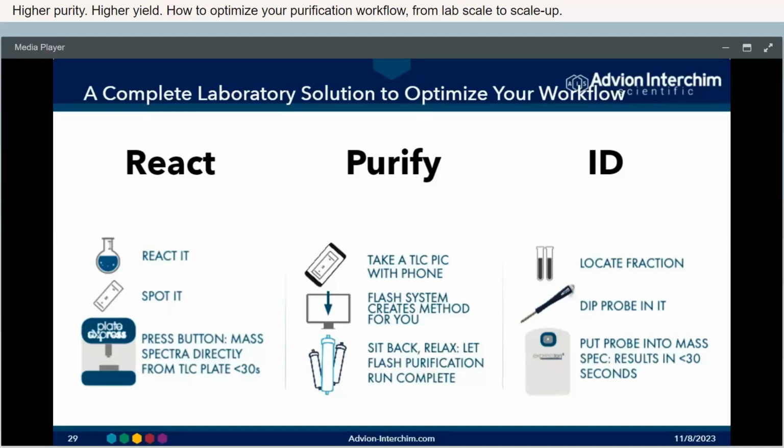Then purify using the XS520 and our Genius application, which can develop your gradient and method for you. And then sit back and relax, let your purification run, have a cup of coffee. And then once your run is complete, you can locate your fractions using the UV profile, and the ASAP probe will give you complete confidence that you know your compound is in those fractions.